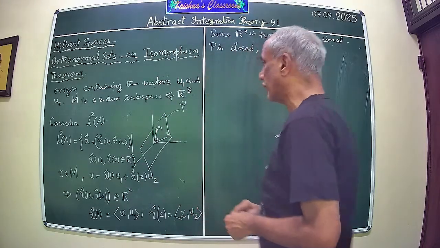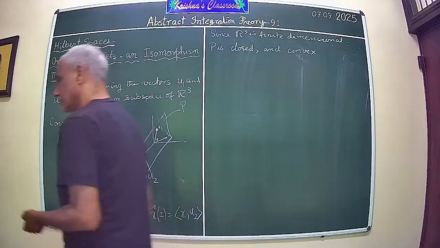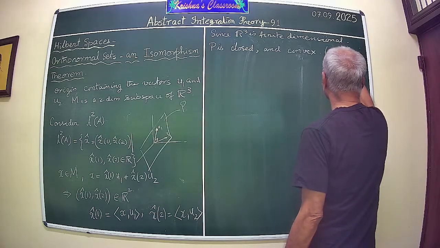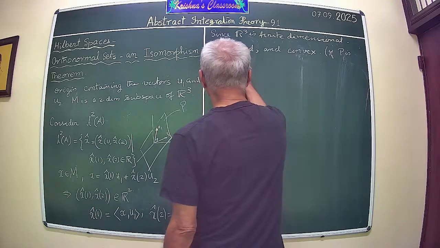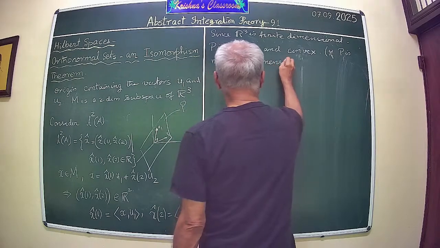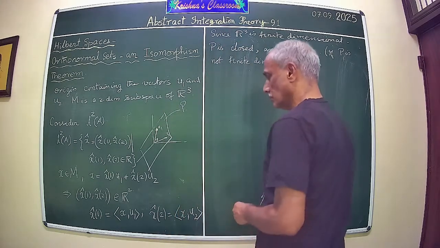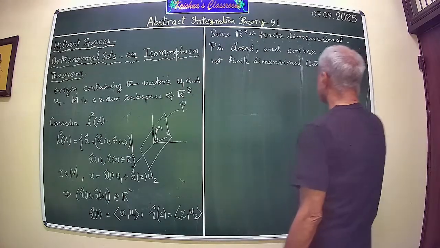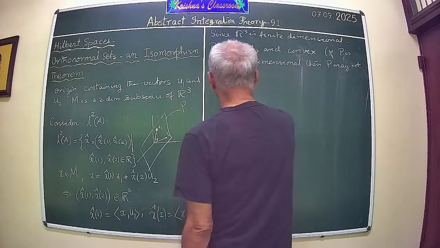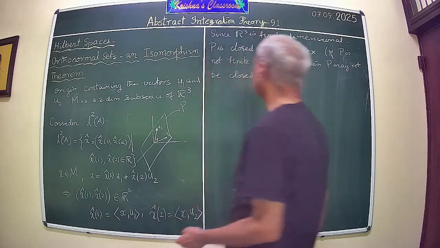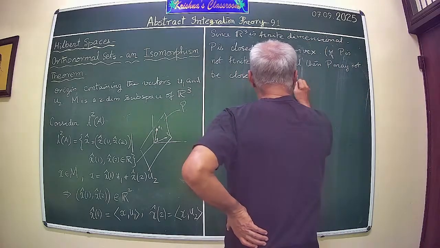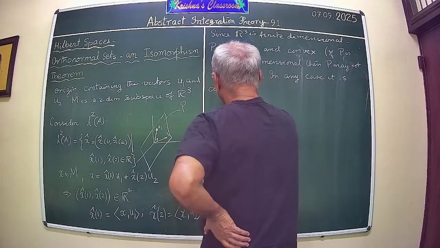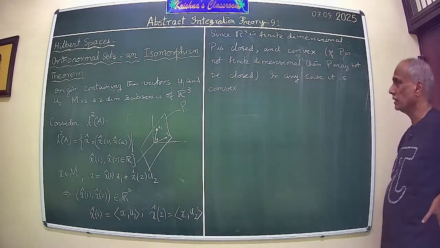If P is not finite dimensional, then your P closure may not be equal to P. But in any case, it is convex. Okay, so these properties are there.